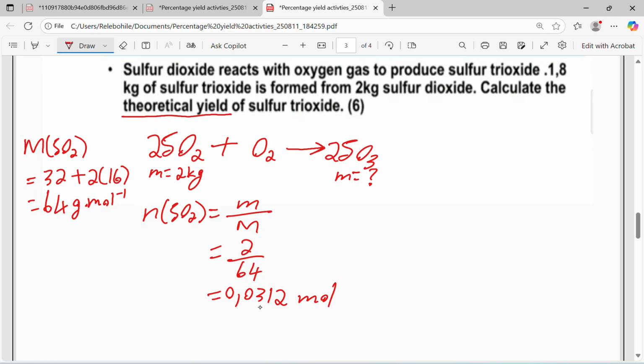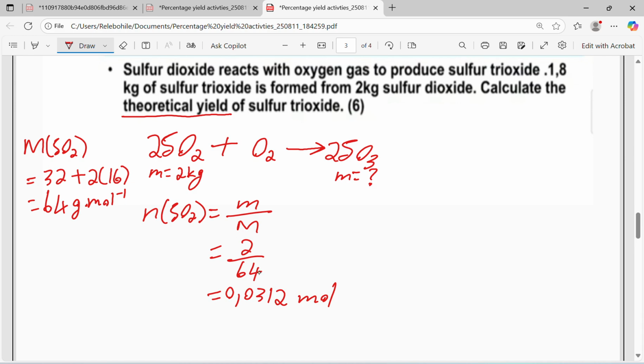The reason why I'm saying this is because in the previous video I found the number of moles and rounded off the answer to 2 decimal places, and that made my answer inaccurate. So for us to have an accurate value, let's round off to 4 decimal places and then to 2 decimal places on the final part of our answer. I hope that is clear.